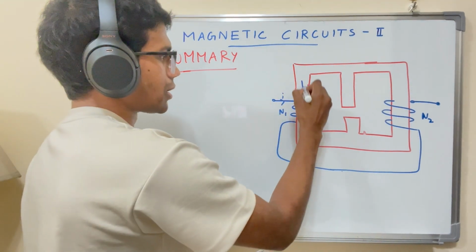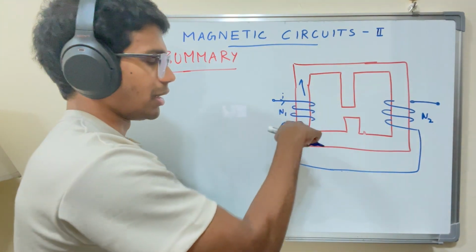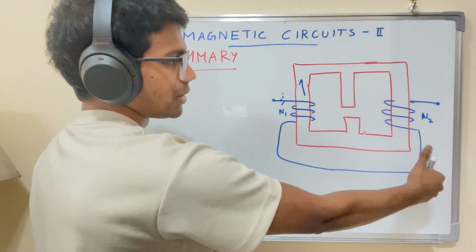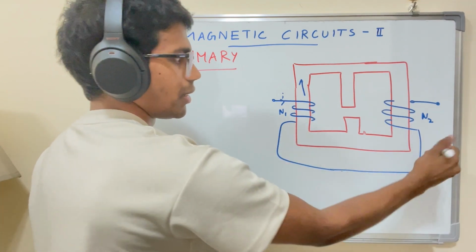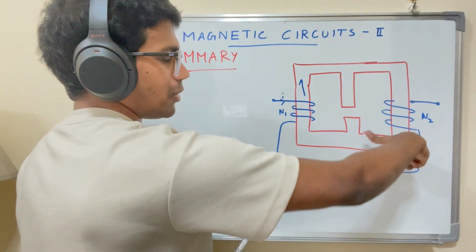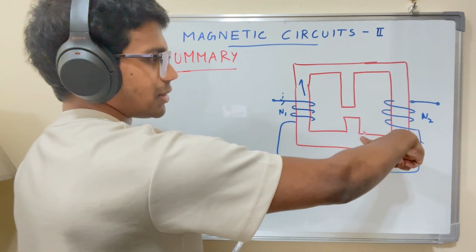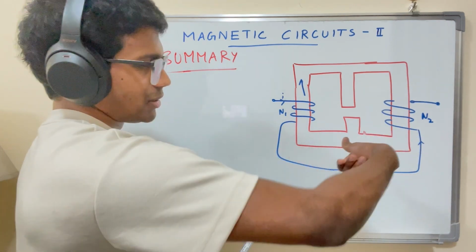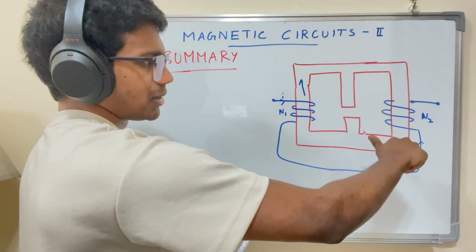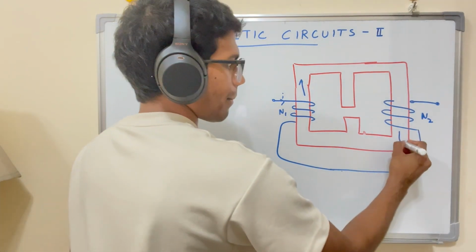The current is moving this way, coming up here, and according to the loop, it is producing a magnetic flux in this direction.